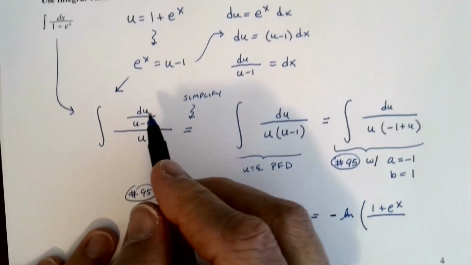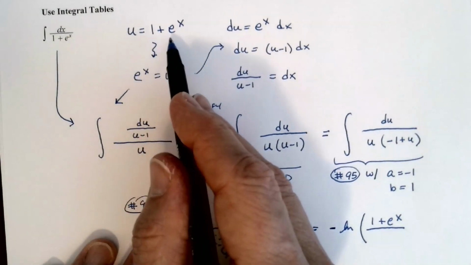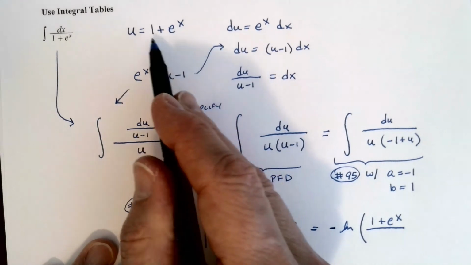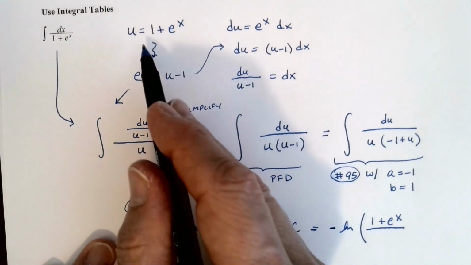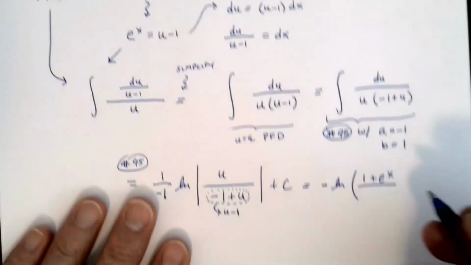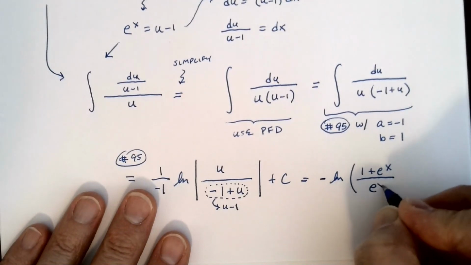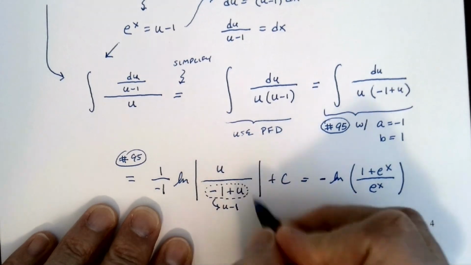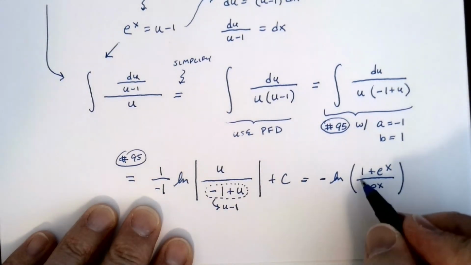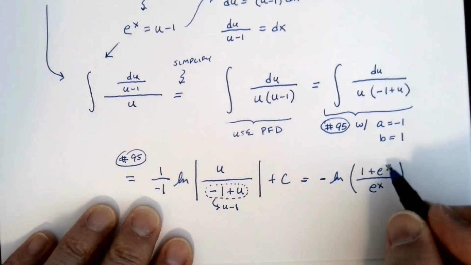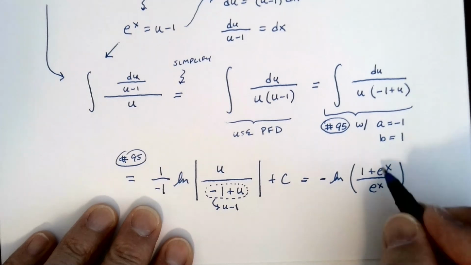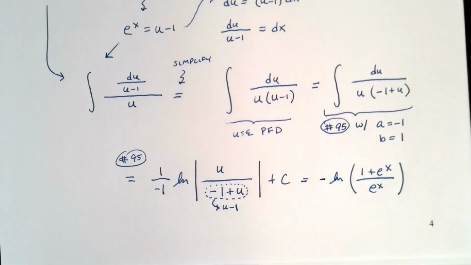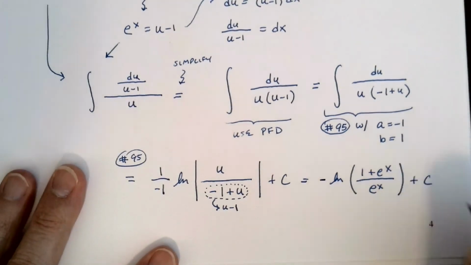Well, if u is 1 plus e to the x, if I subtract 1 from both sides, what do I get? e to the x. You might ask, hey, what happened to your absolute value bars? Yeah, I could put them there, but notice e to the x is always a positive quantity, so this expression is always positive, so I don't really care about the absolute value bars in there.